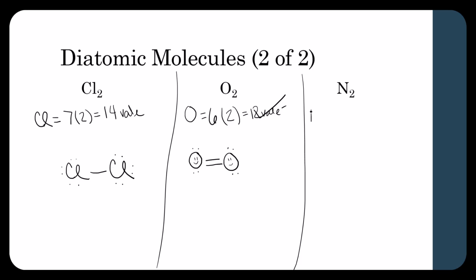All right, so we know nitrogen is in the 15th group or 5A. He's got 5 valence electrons. There's 2 of them, so we've got 10 valence electrons at the party. The only way to draw it is next to each other. Start with the bonding pair and then distribute. 1, 2, 3, 4, 5, 6, 7, 8, 9, 10.